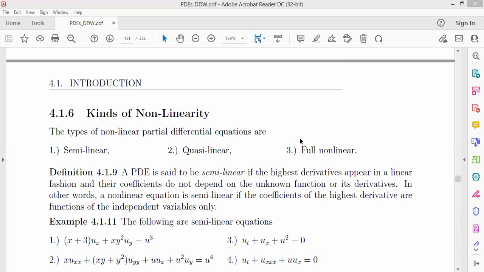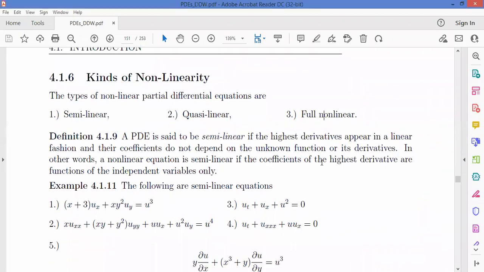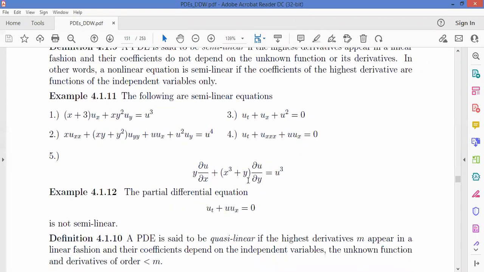We talked of, of course, types of nonlinearity. We have semi-linear, quasi-linear, and then you have the full nonlinear. And you can go through these definitions here.